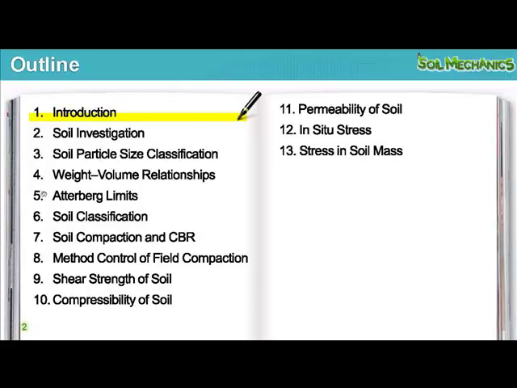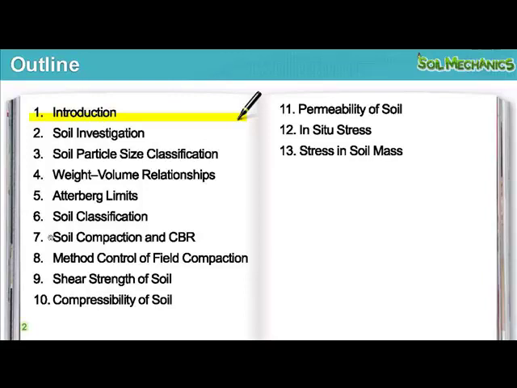Combined with chapter 5, Atterberg limit, we refer to the liquid limit and plastic limit of soil. From those parameters, we can classify the soil, I mean find the name of the soil, following standards, mostly ASTM or AASHTO.